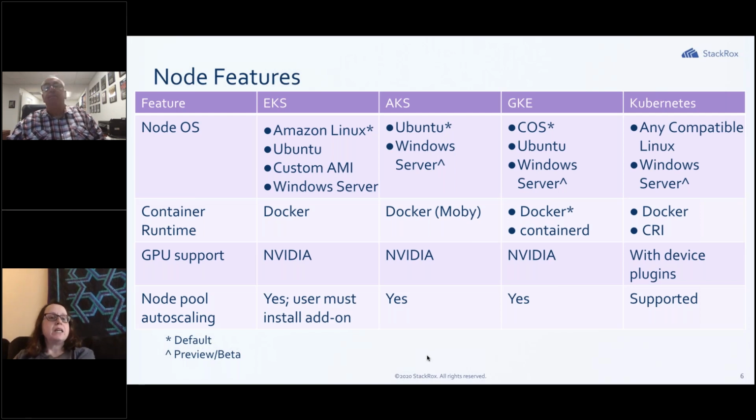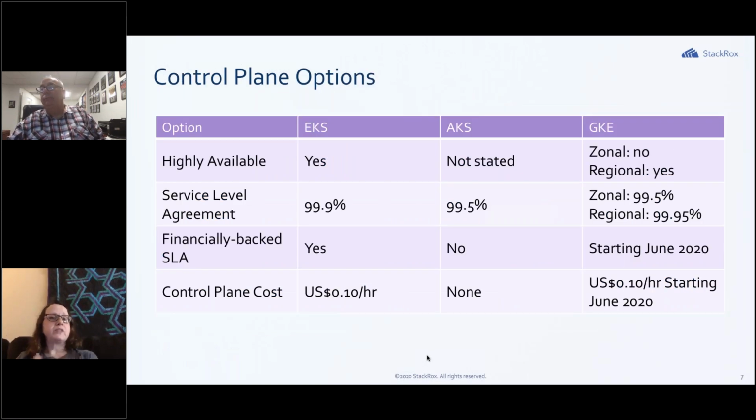Control plane options, and again, control plane is, if you're self-managing, this would correspond to your master nodes. Availability, and again, if you're using a managed service, this is the main piece that the clouds do or should manage for you. Availability, EKS, your control plane is highly available.